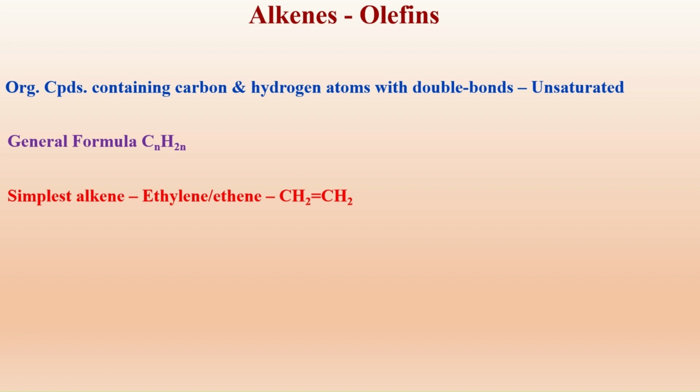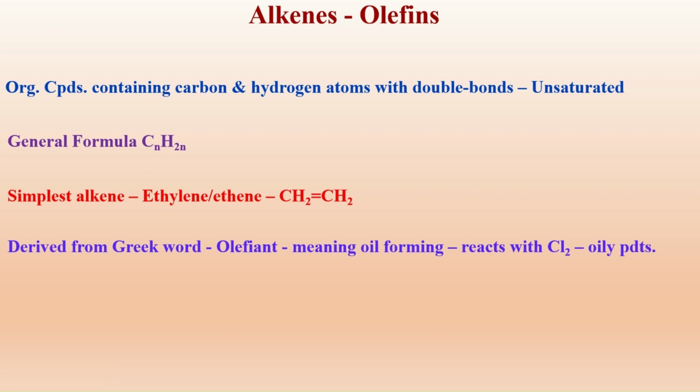The simplest alkene is ethylene, also called ethene. It is given with the formula CH2=CH2. The two carbon atoms are linked through two bonds.